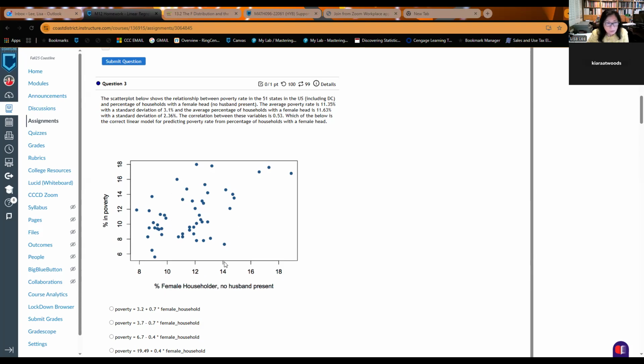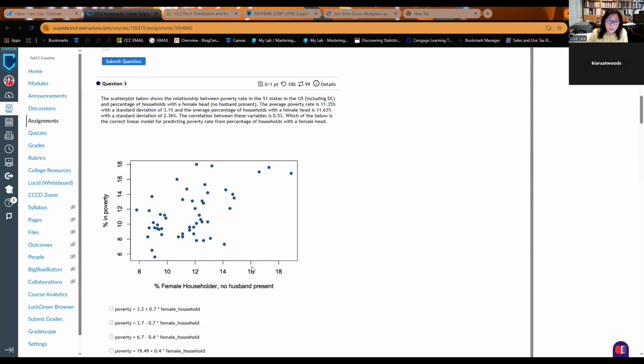Then let's pick another point, maybe 16 here. This state has 16 percent female households, and the poverty is also close to 17%.